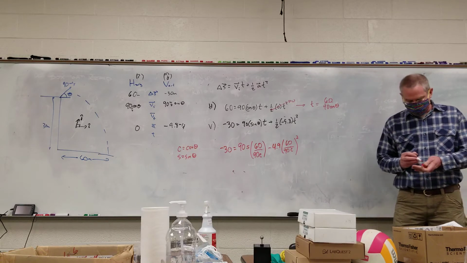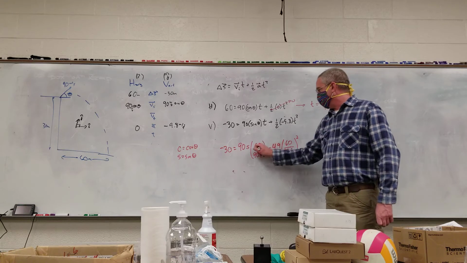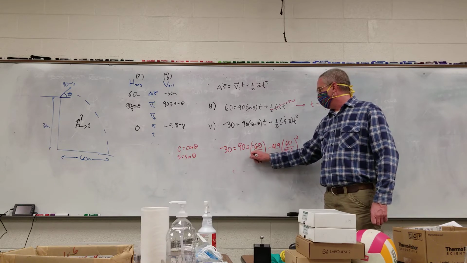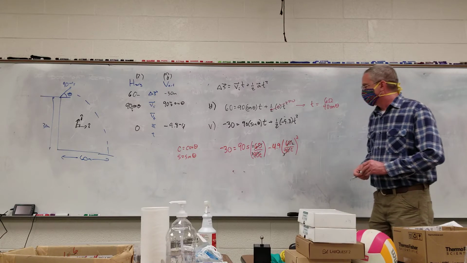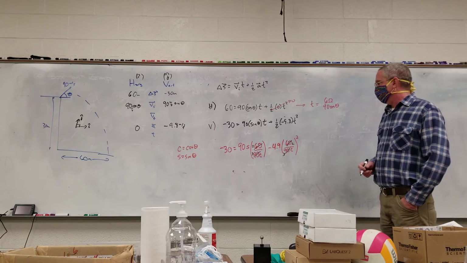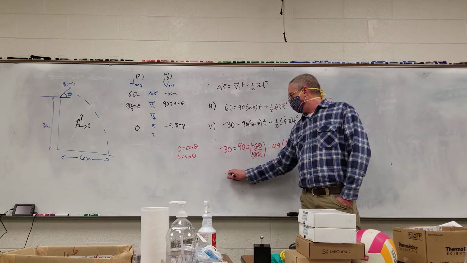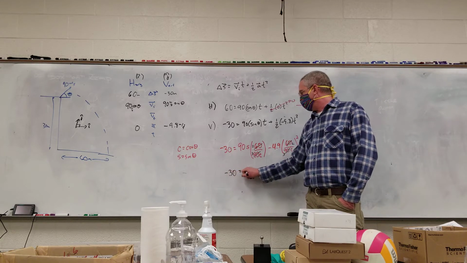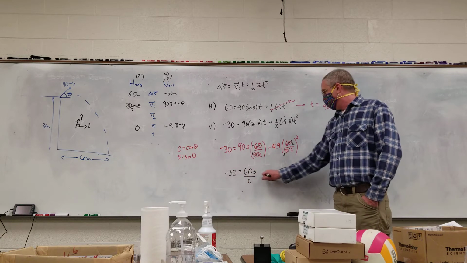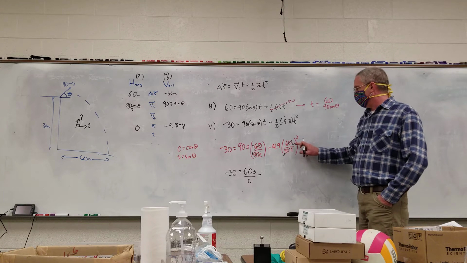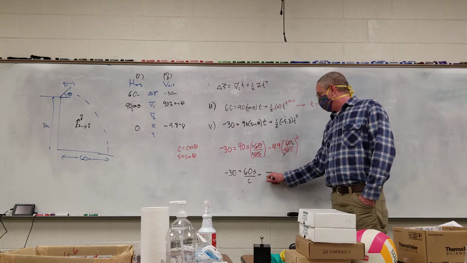Now we can simplify some stuff here. I know 60 goes into 90, that's 2/3. And so we end up with negative 30 is equal to 60 S over C minus, well, this is 2/3 squared and then a cosine on the bottom, so over cosine squared.